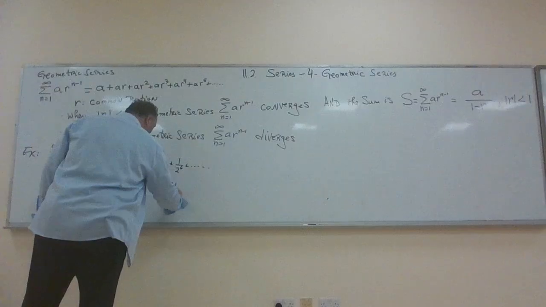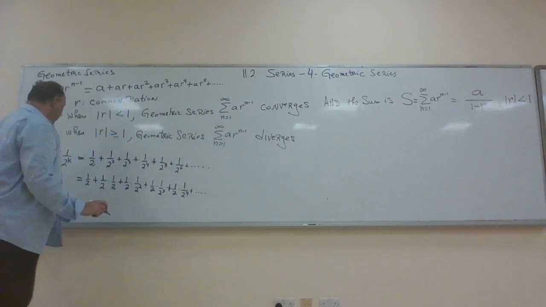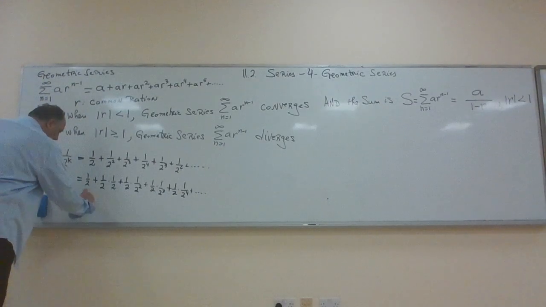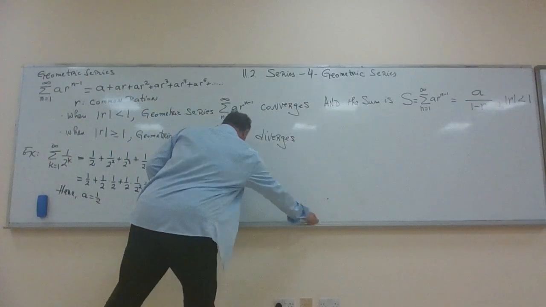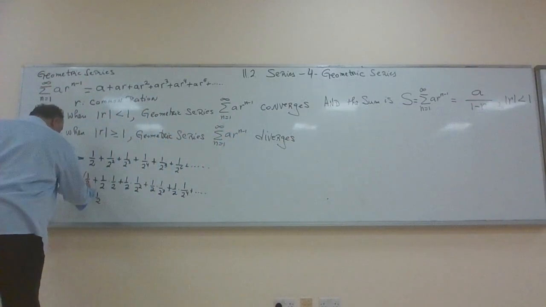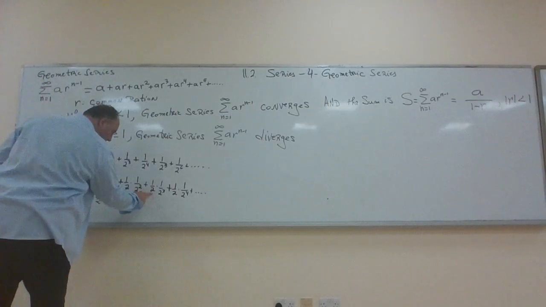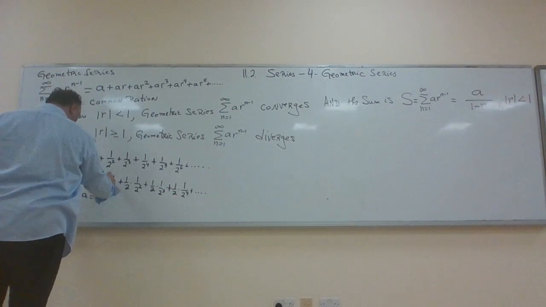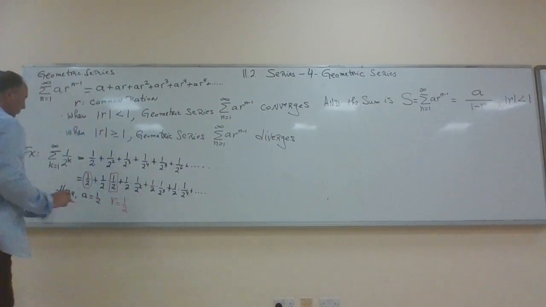This way, if I write it, it's much easier to see what's happening. Here, a is the first term, right? And this is a. And we see it again here, and again here, and again here, just like the shape. And the second component is r, which is 1 over 2.